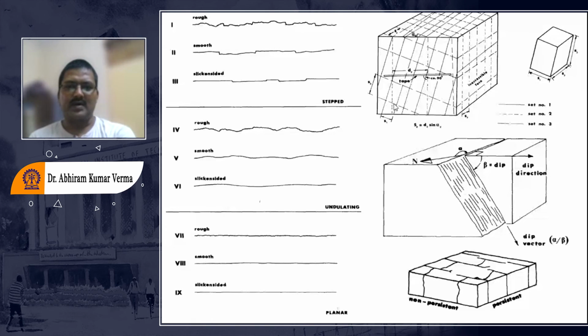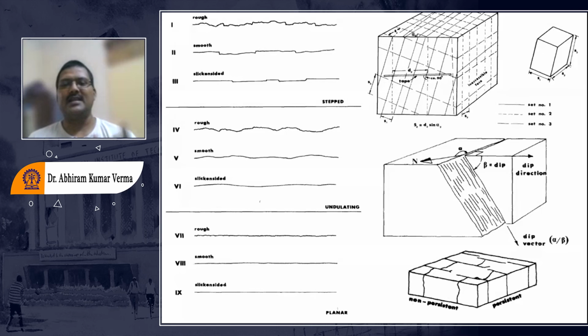One set is defined by this dotted line, which are parallel to each other, right? There are other sets which are inclined, and another set of lines oriented in this way. So there are three different lines interacting with each other.